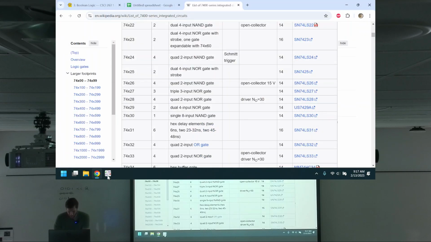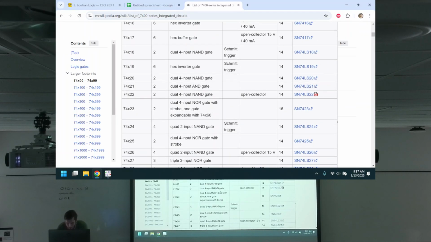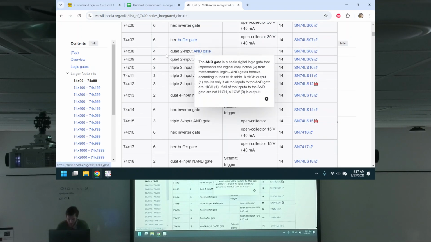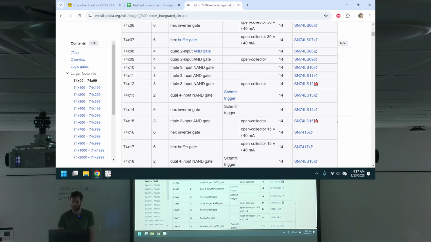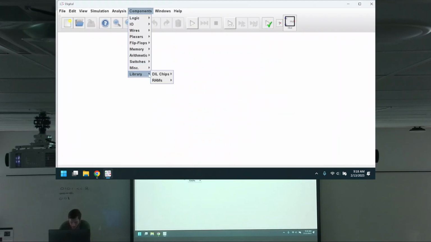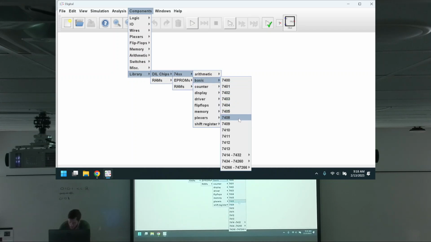So like here, a quad 2-input AND gate. What that means is we'll have a chip that has 4 2-input AND gates on it, okay? So we're going to look for 7408. Let's do new component, basic, 7408.